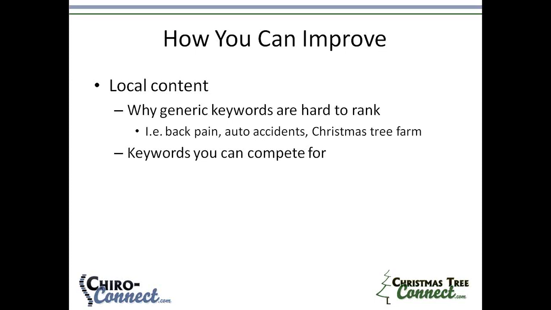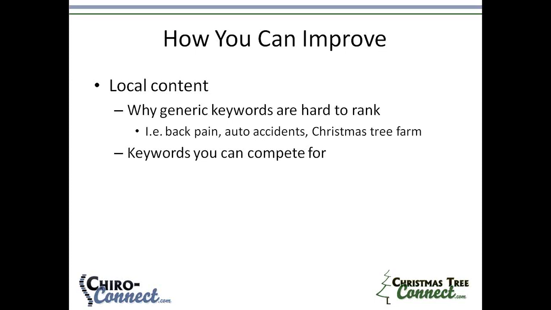By generic keywords, I basically mean something very general that doesn't give Google any information about what I'm actually looking for. Am I looking for back pain information? Am I looking for somebody to help me with back pain? Am I doing a research paper on back pain?